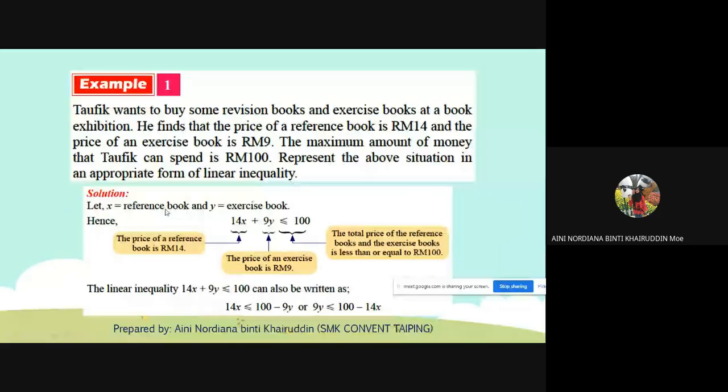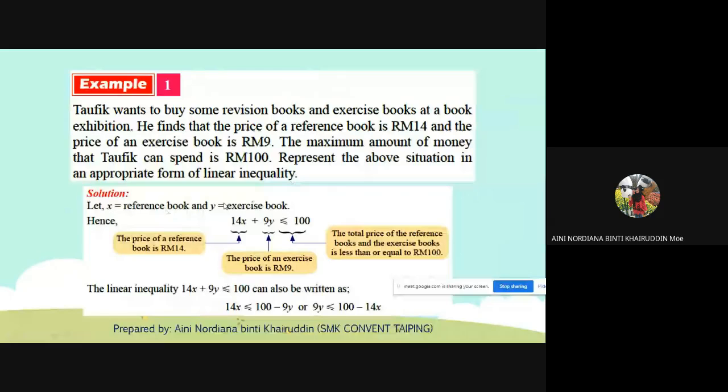Taufik wants to buy some revision books and exercise books at a book exhibition. The price of a reference book is 14 ringgit and the price of an exercise book is 9 ringgit. The maximum amount of money Taufik can spend is 100. Present the above situation in the form of a linear inequality. So let x be reference books and y equal exercise books.